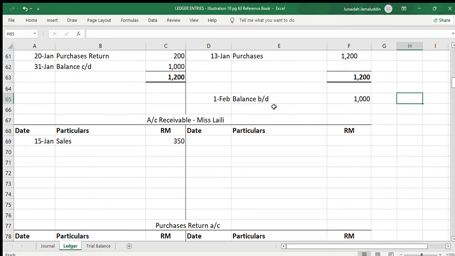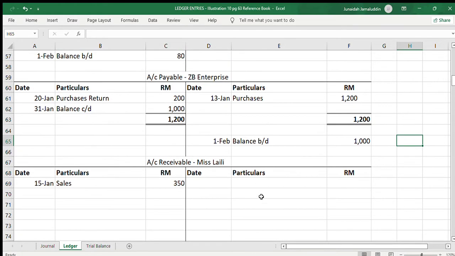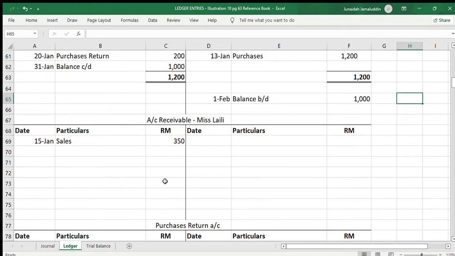Okay, kita tengok pula account receivable Miss Laili. Okay, Miss Laili ni amount belah debit, of course, lebih banyak compared to belah credit. We have zero amount at the credit side. Okay, so belah yang banyak tu, kita akan ambil amount dia sebagai balancing amount lah. So we just find the total here, 350.